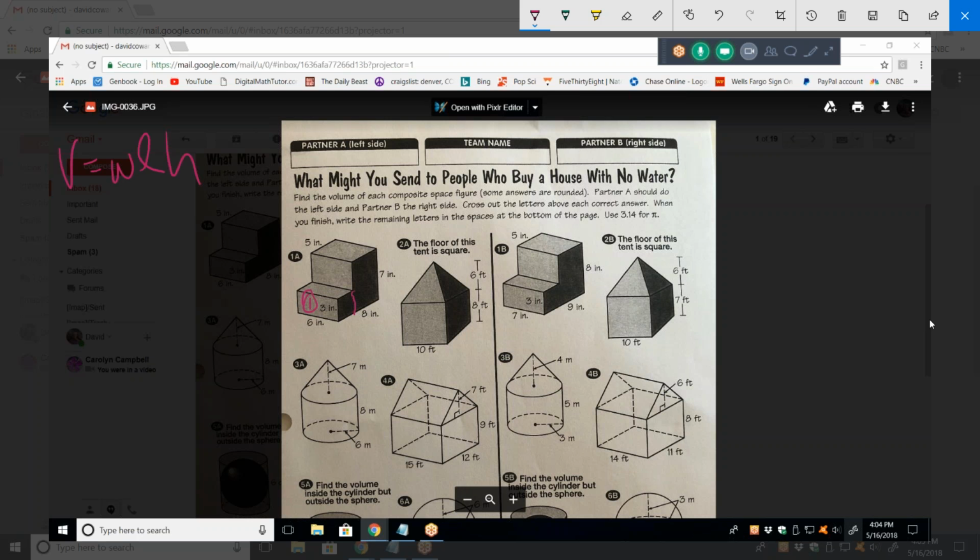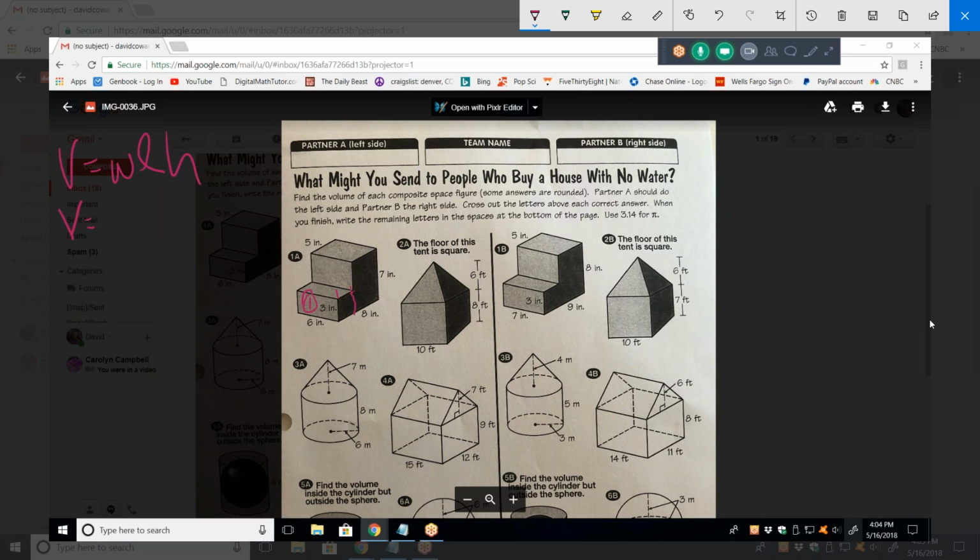So for this thing that I've labeled number 1 here and I've circled, what is its volume? 18. Well, right? What is this distance right here that they don't specifically put on there? 3.